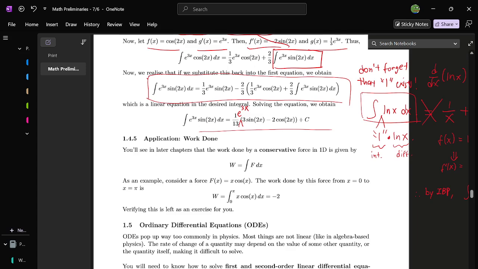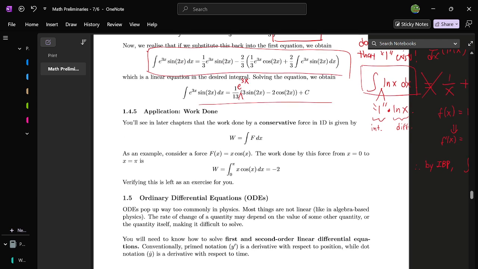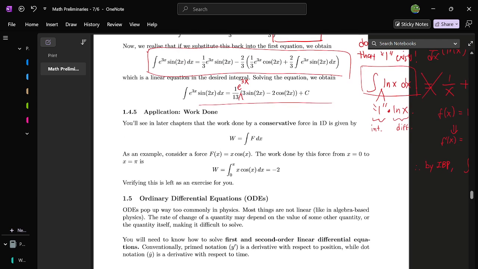An application for integration is found in work done. So this is very similar to the conservative forces idea which I introduced earlier for potential energy. Work done is defined like that: W equals the integral of F dx for a conservative force in 1D.